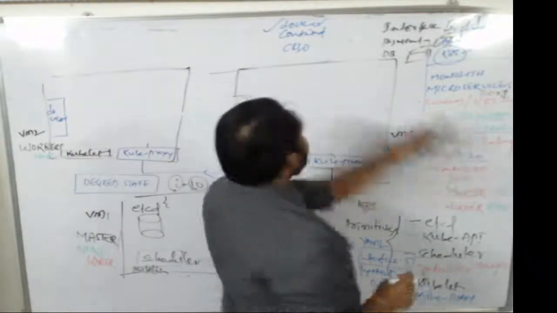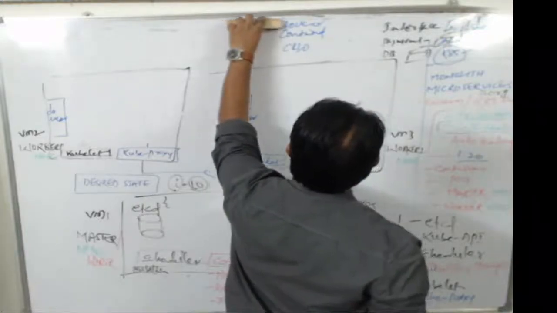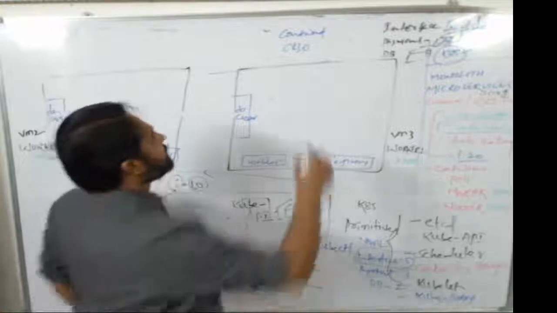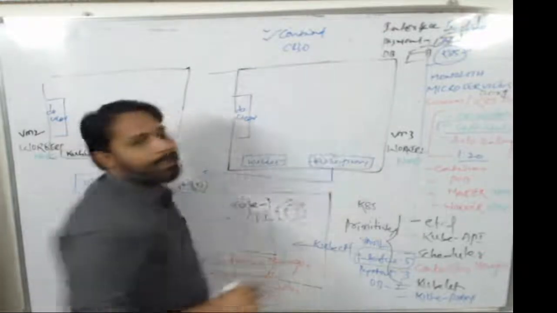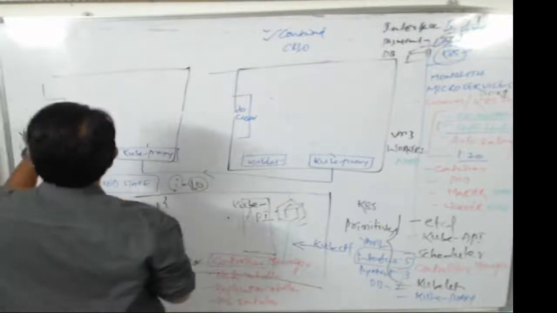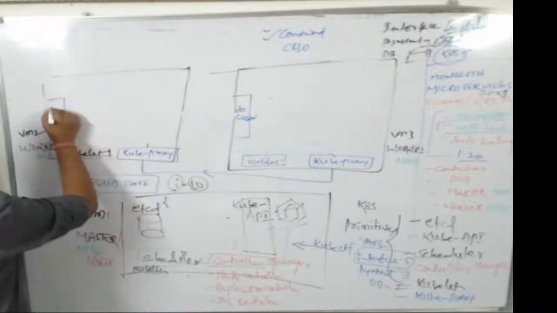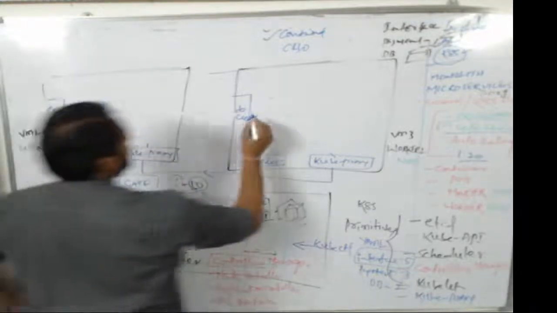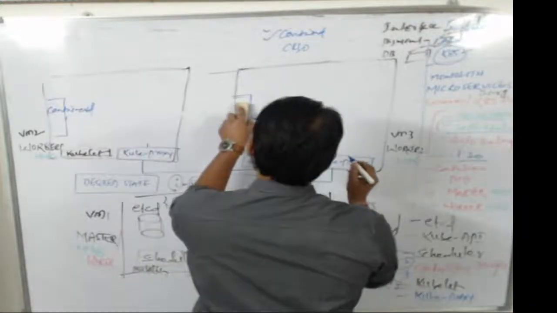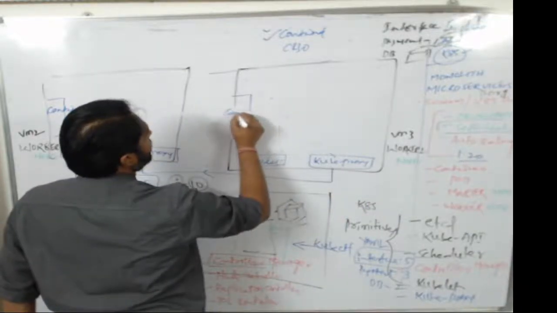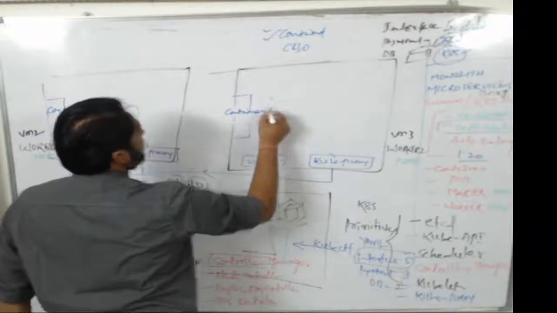In 1.20, they removed Docker. Means they said, let's not do Docker anymore. Instead, we go with the next open source one. So the container technology now is containerd. So instead of Docker, if you are installing Kubernetes 1.20, you will come across containerd.